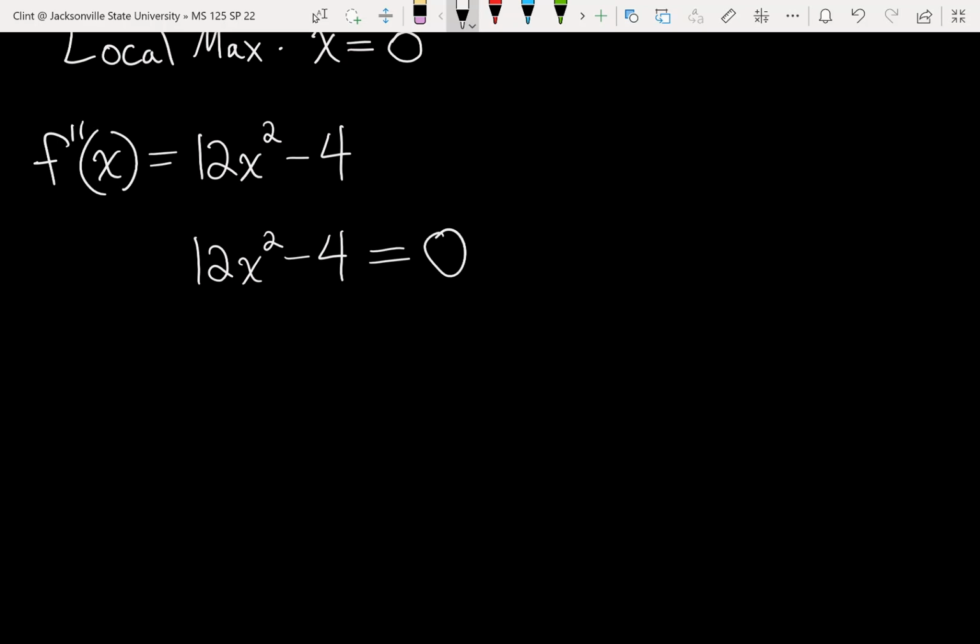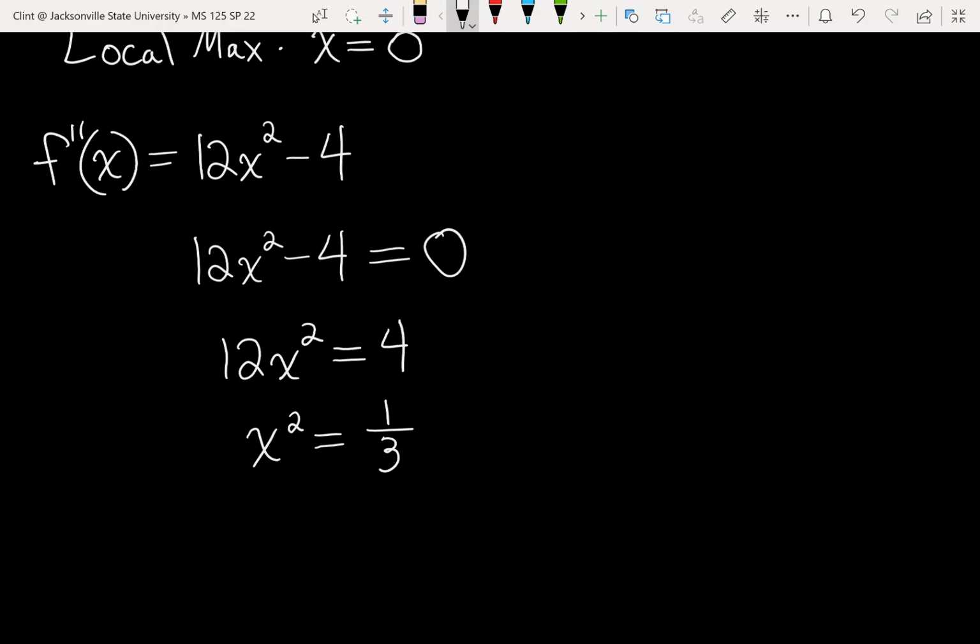It's not going to be real pretty, but we'll just do it this way. Add 4 to both sides. Divide both sides by 12, so 4 over 12, 1 over 3. And then what?